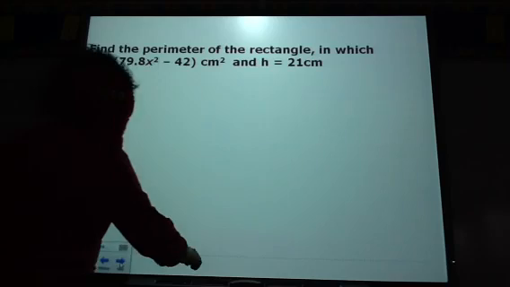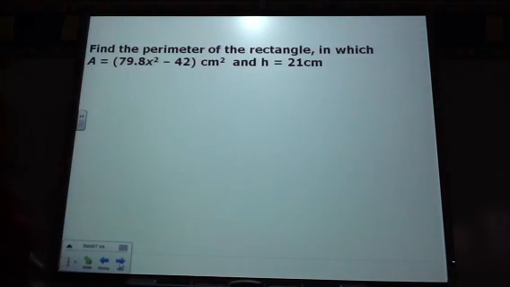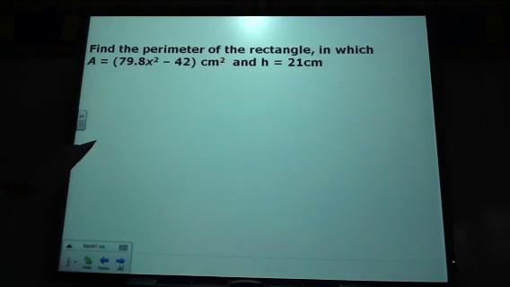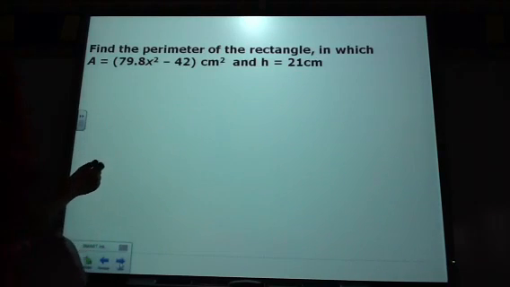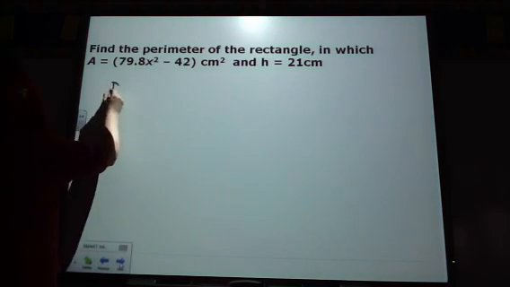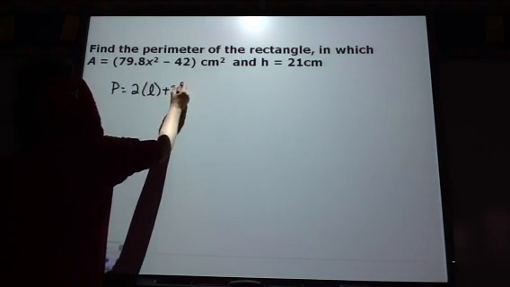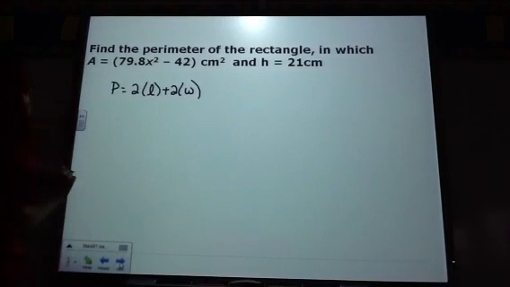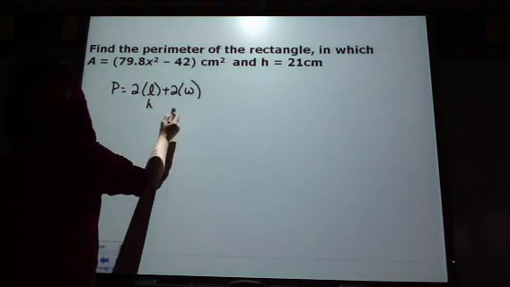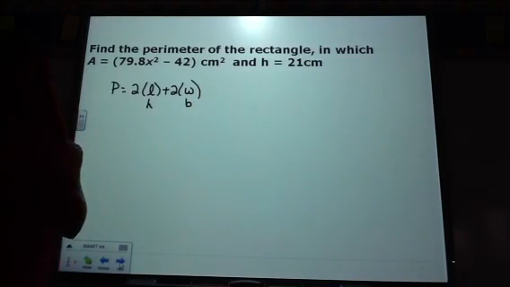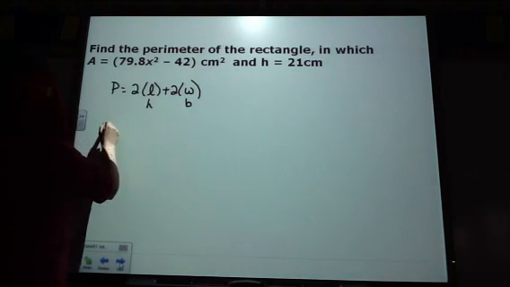Okay, now we need to find the perimeter of a rectangle in which the area is given and the height is given. Okay, so the perimeter formula is where you take 2 times the length plus 2 times the width. This could be the height and the base instead of length and width, and the height is given.